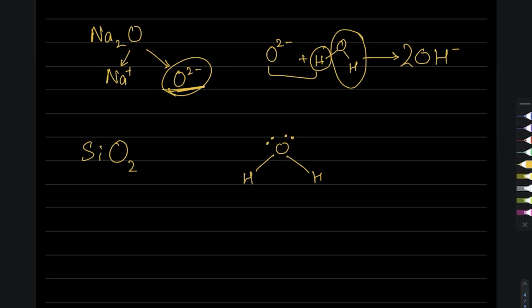It can form a dative bond. If it can't accept H positive like that, it can still form a dative bond, and water has plenty of opportunity to form a dative bond. So what does it do? Silicon dioxide or any other non-metal oxide that I'm going to get, carbon dioxide maybe, I take that and add it to water.